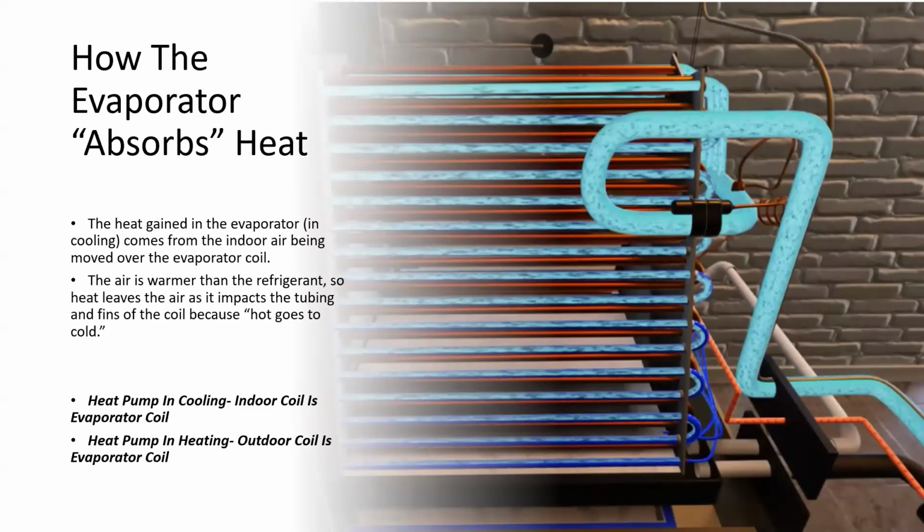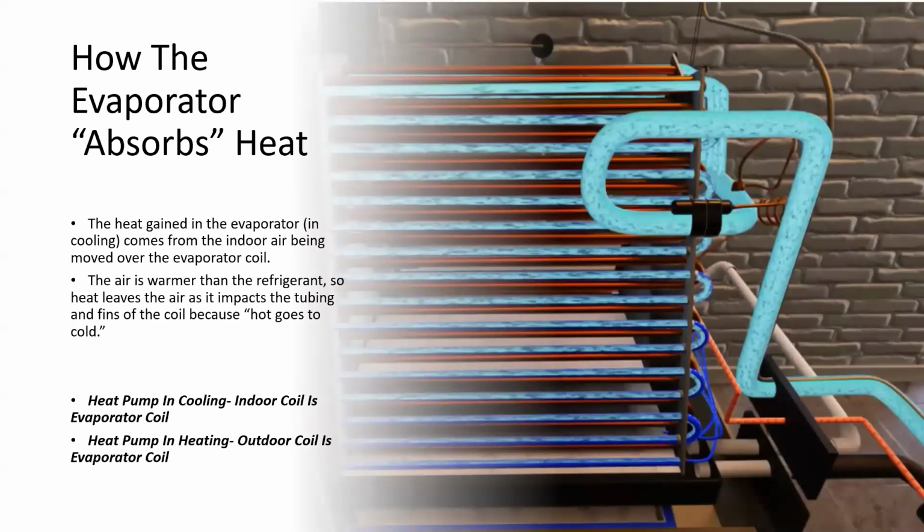This is similar to, let's say, a pressure cooker. As the water boils in that pressure cooker, the pressure increases, and so does the boiling temperature of the water. We can get stuck in the weeds when we look at what's happening, but this is just a very surface understanding of how that evaporator is absorbing that heat.